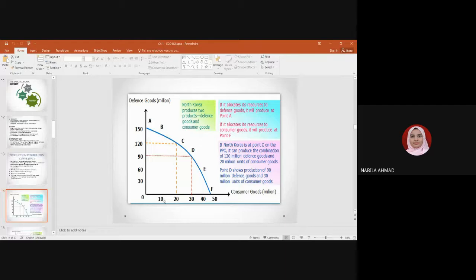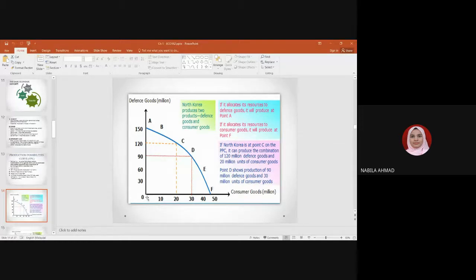Kalau kita nak produce banyak consumer good, kita kena produce kurang defense goods. Kenapa? Sebab limited resources. Because of limited resources, the country cannot produce more for both goods. So, kenapa di situ? The country facing scarcity. So, because of scarcity, untuk produce more consumer good, the country should produce less defense goods.